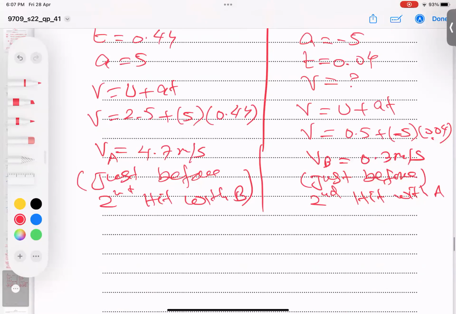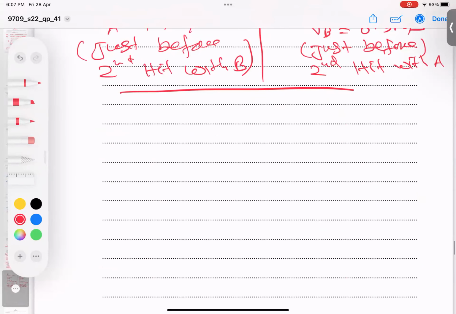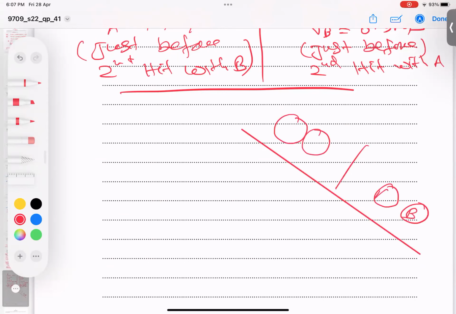Now I talk about the situation. I think it is clear now. Just before hitting the situation is this, and after hitting they will behave together. This is B, this is A. The observer's eye is, let's say, here. This is before and this is after.